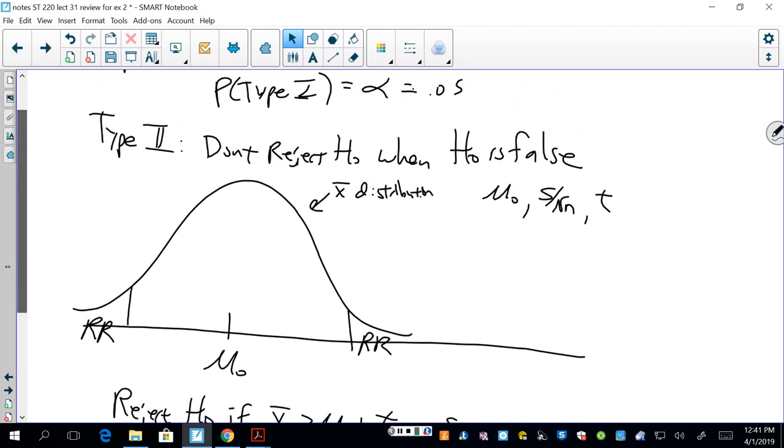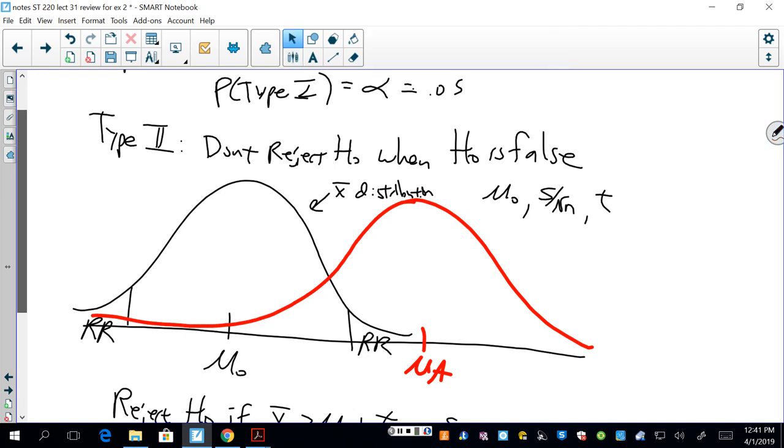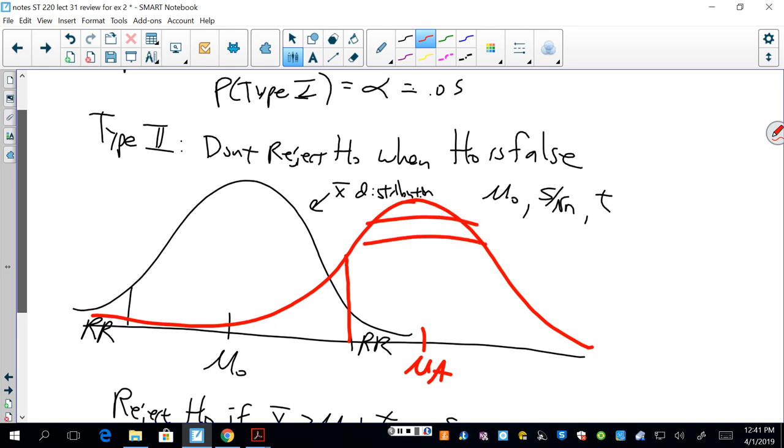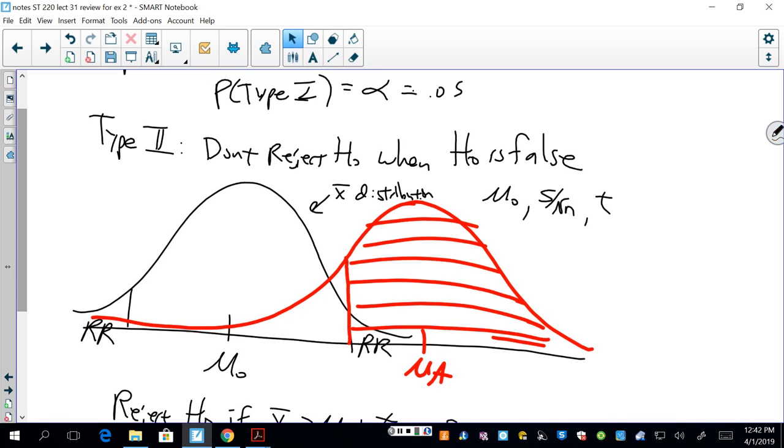And then, if the alternative really were out here, the probability of a type 2 error really depends on where this falls. As I've drawn it here, we're in a pretty good situation, because the chance that we're in the rejection region, given that alternative, is high, so that's a pretty low error rate.